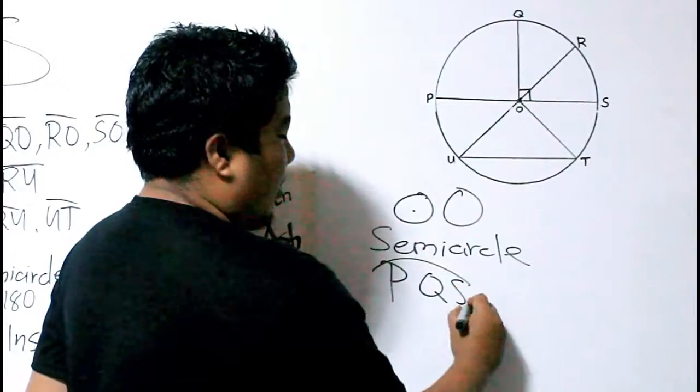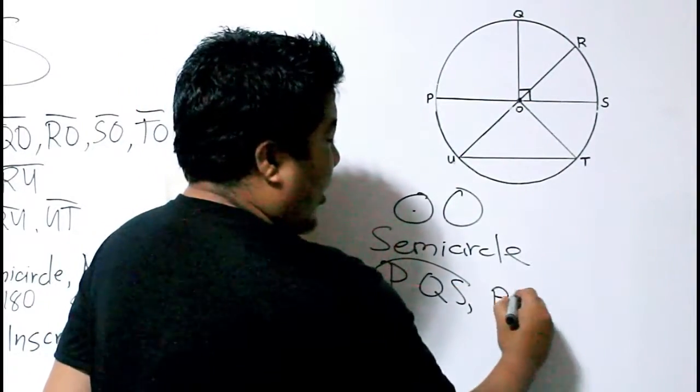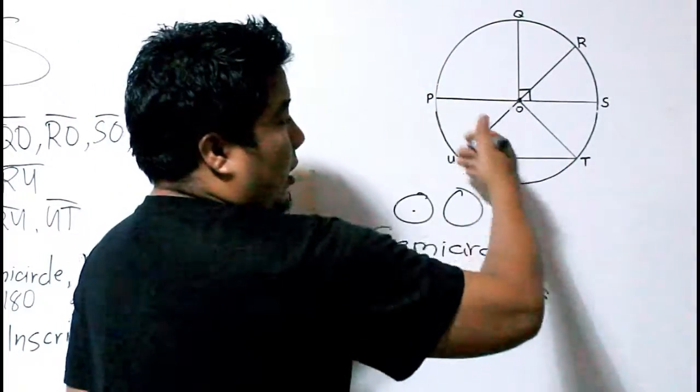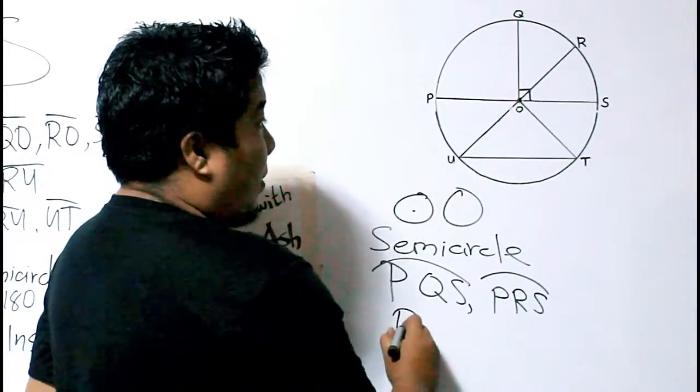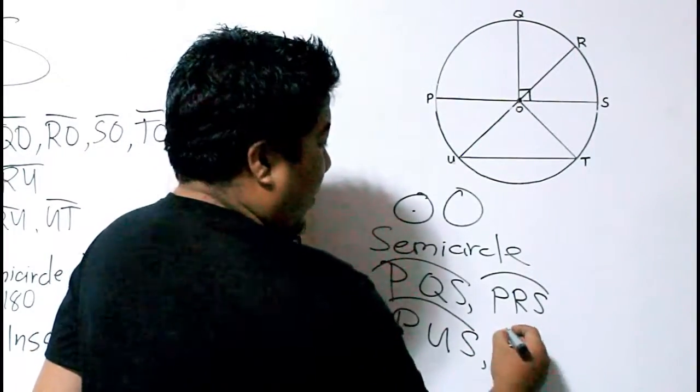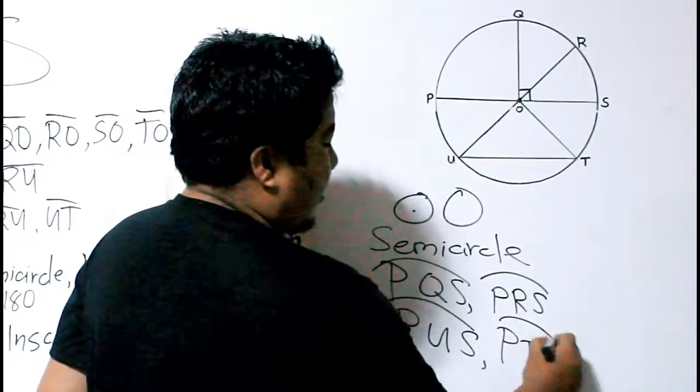PQS or PRS. Basically, you can also name it in this part. So you can have PUS and PTS.